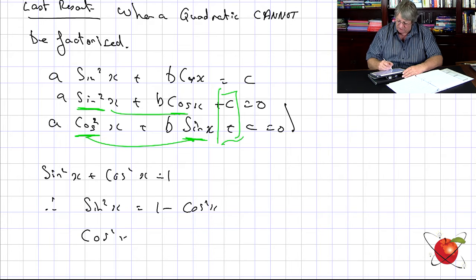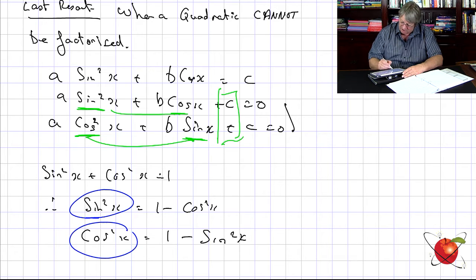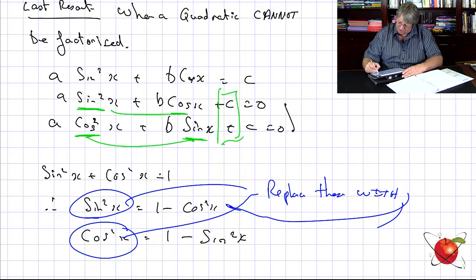Also, cos squared x is 1 minus sine squared x. So we can do a replacement. We could replace these with those, couldn't we? We could replace them.